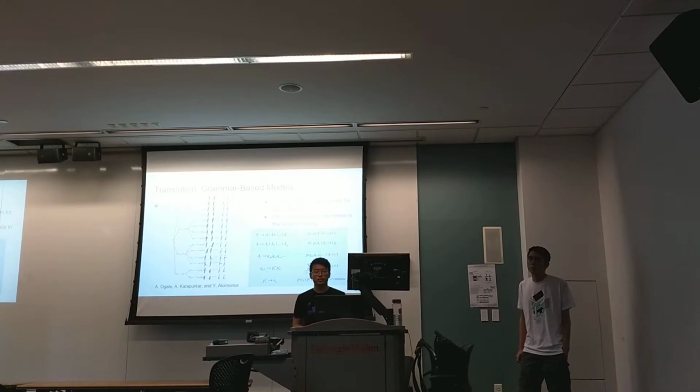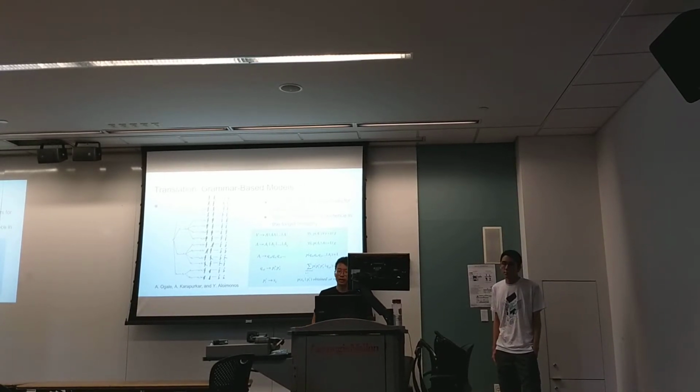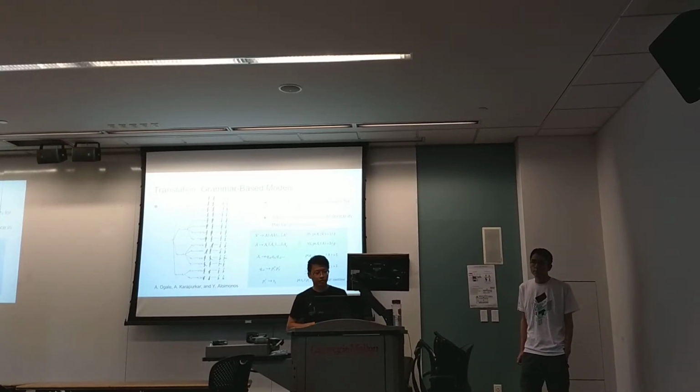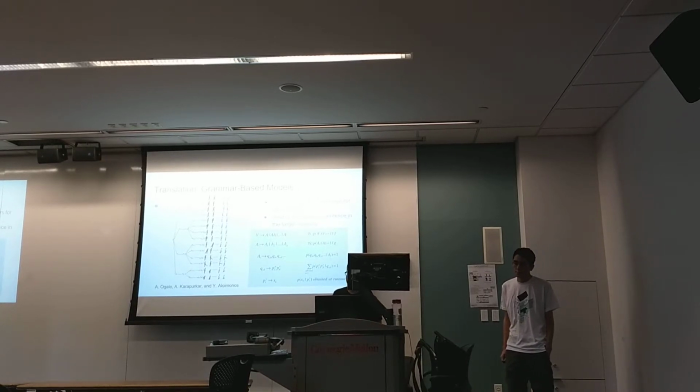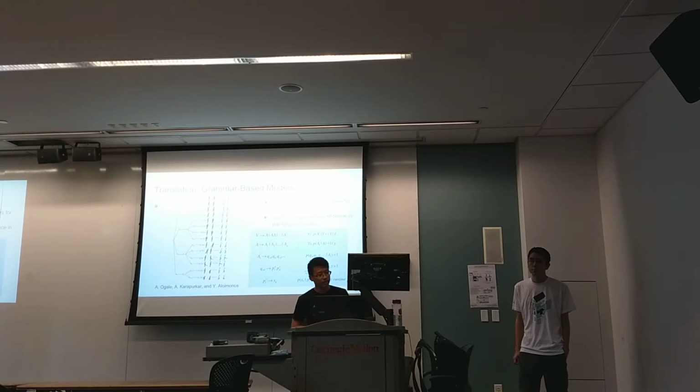So in grammar-based models, researchers will define a grammar for each output modality, and when they're given an input, they map that to a sentence in the grammar structure for that target modality. In this example, the grammar is defined to describe different poses and actions that the human body can take.